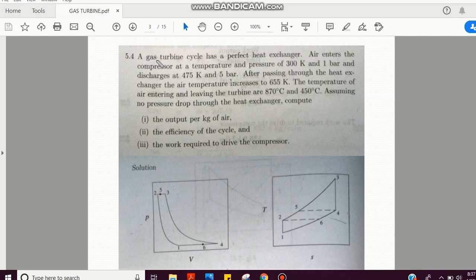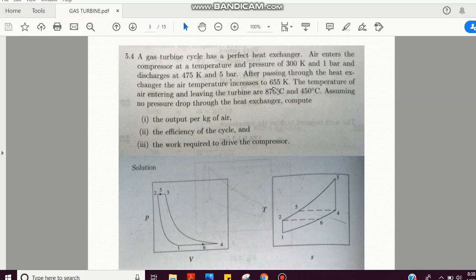This numerical says that a gas turbine cycle has a perfect heat exchanger. The air enters the compressor at a temperature and pressure of 300 Kelvin and 1 bar and is discharged at 475 Kelvin and 5 bar. After passing through the heat exchanger, the air temperature increases to 655 Kelvin.